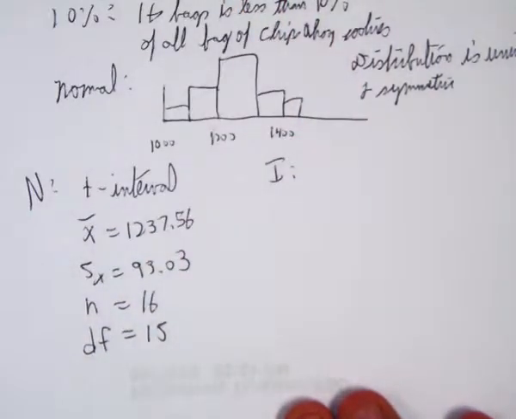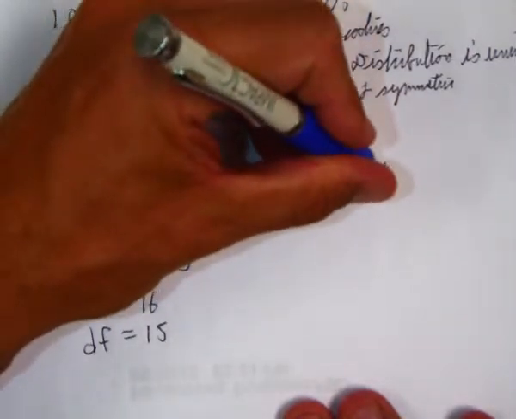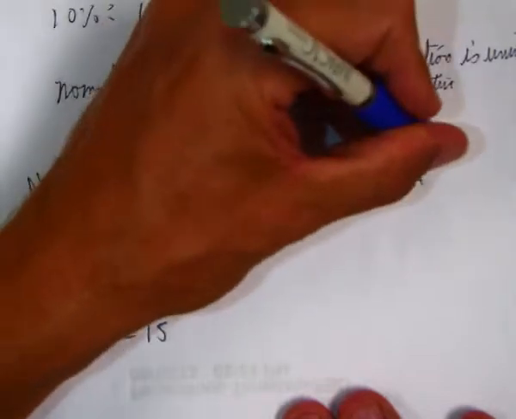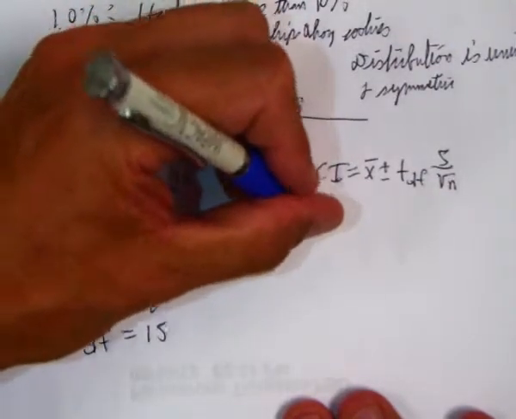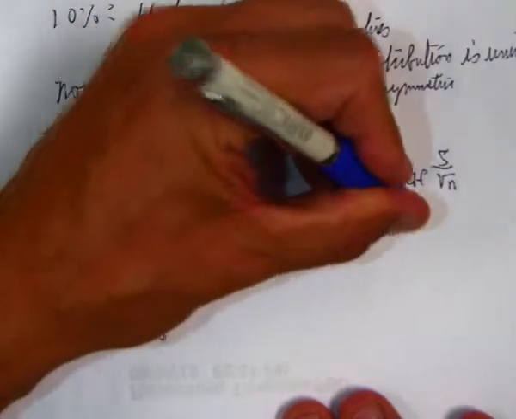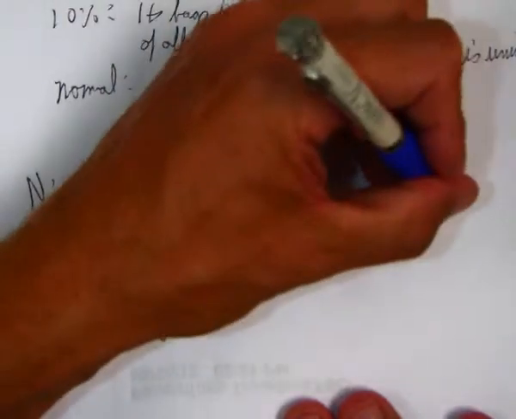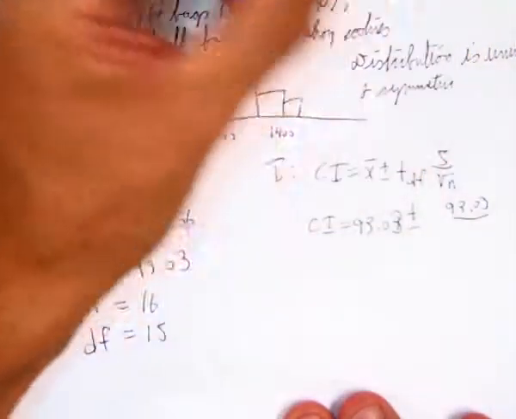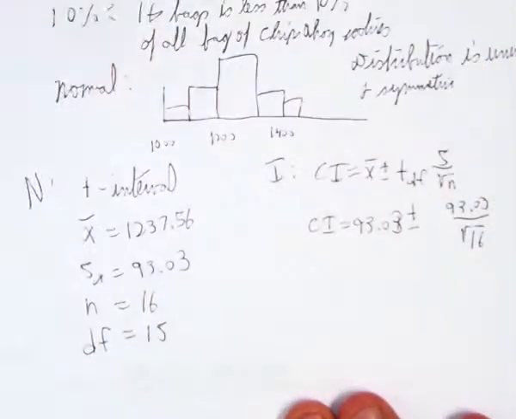Calculate the interval. Confidence interval equals x bar plus or minus t degrees of freedom times s over the square root of n. Okay. Confidence interval equals x bar plus or minus, we got to figure out what t is. s is 93.03 over the square root of 16.